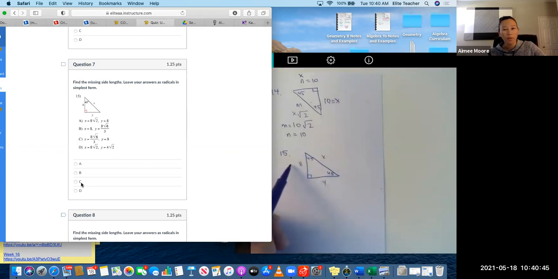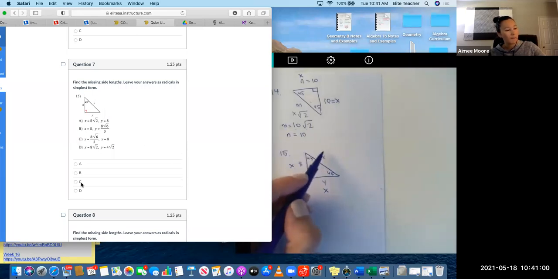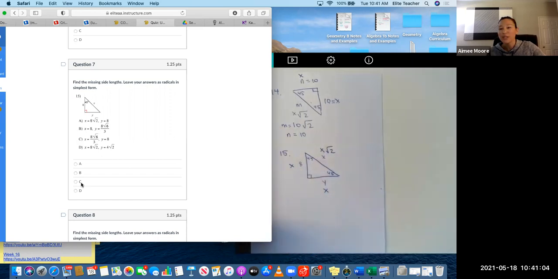So what am I going to label this side as? X. Yep. And then we have our other side that's opposite of our 45-degree angle, which is going to be x. Yep. And then the side opposite of our 90-degree angle: x radical 2, or the square root of 2.